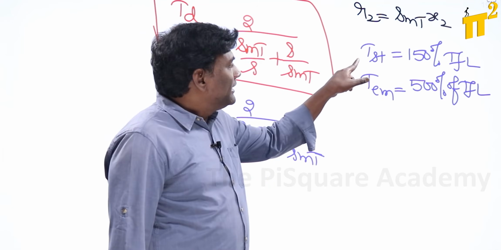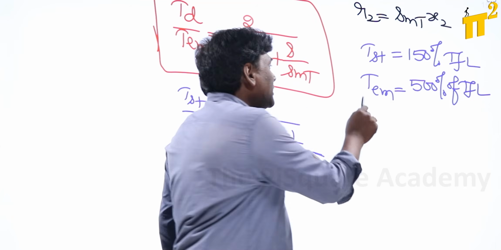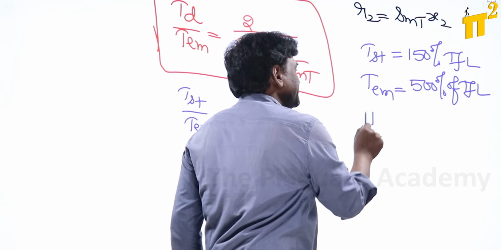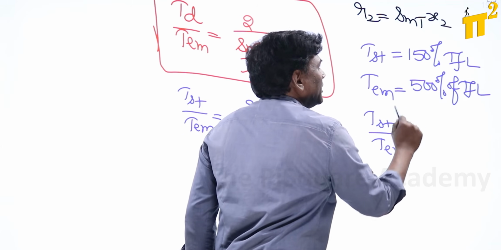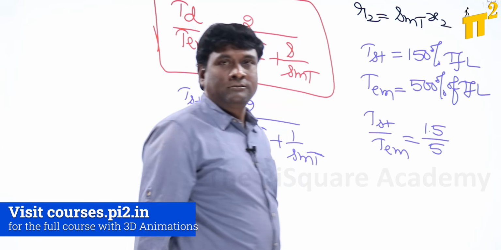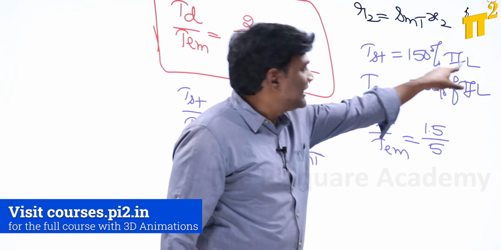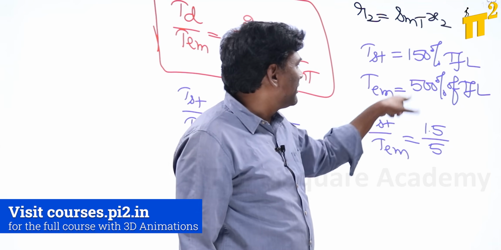Now they have given TST 150% of TFL, TEM 500% of TFL. So if I divide, T starting by TEM is going to be 150%, 1.5 by 5. TFL and TFL will be cancelled, 1.5 divided by 5 will come.